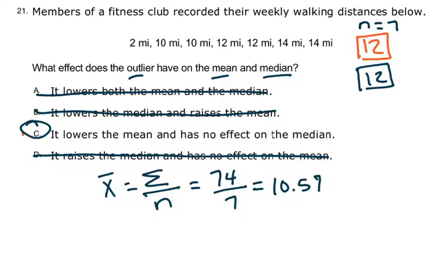Okay? This is with the outlier. Now, when I go back and eliminate that outlier, my total is 72 divided by now 6, and my mean is 12. So with the outlier, my mean was lower. Okay? So that means with the outlier included in our data set, our mean is lower.